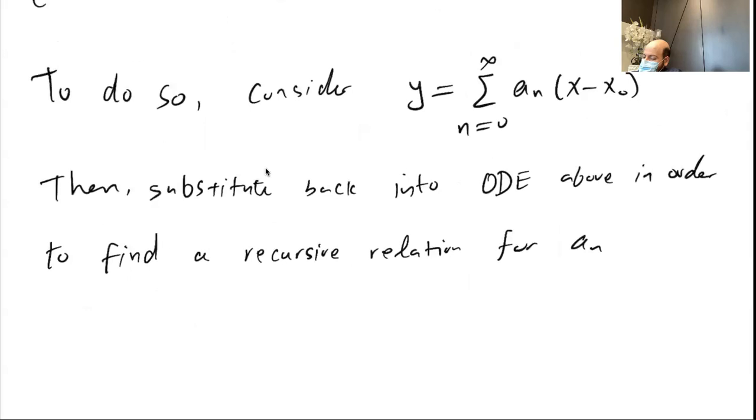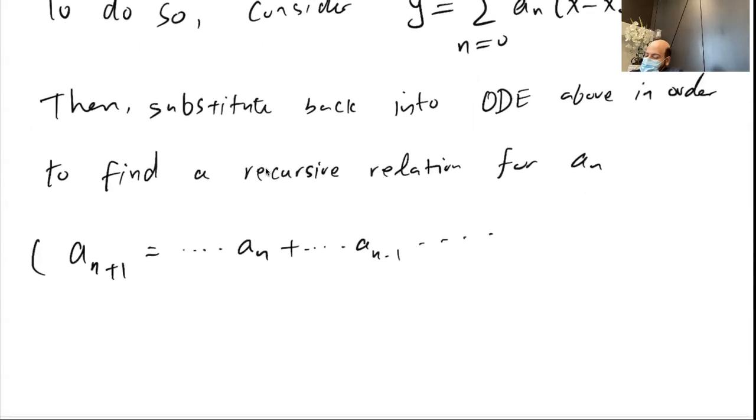A recursive relation for a n means a relation of the form, let's say, a n plus 1 equals something times a n plus something times a n minus 1, or a n plus 2 equals something times a n plus 1 plus something times a n. So when we say a recursive relation for a n, we mean a relation where each a n is given in terms of the previous terms.